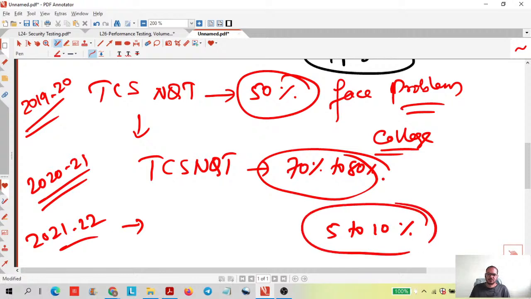This means 70 to 80% successfully completed the test in 2021.